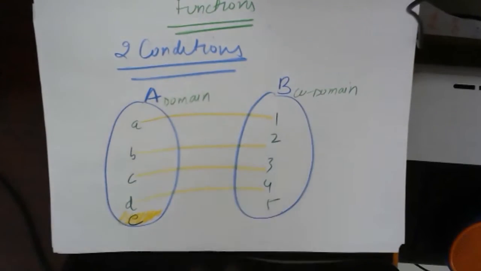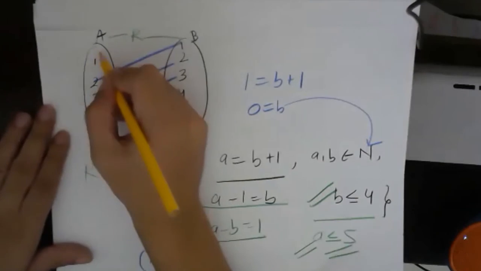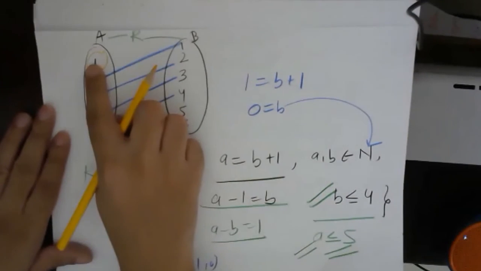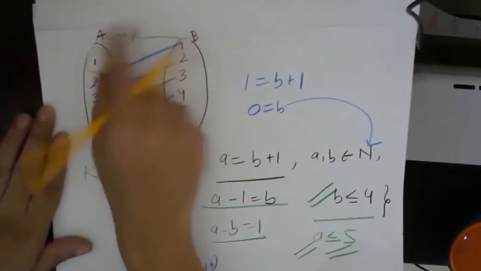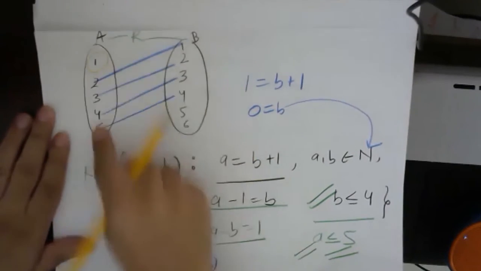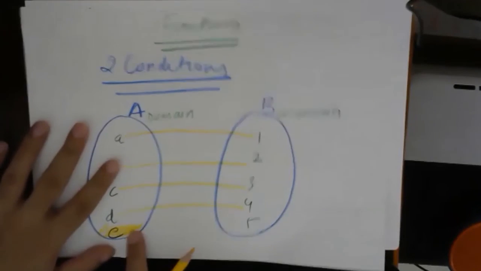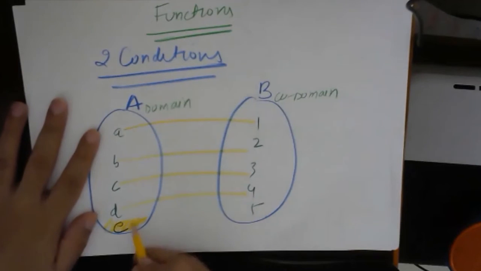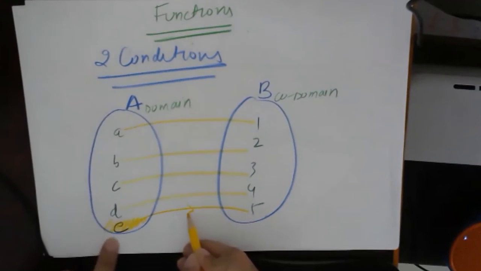In the previous case, 1 was left out, so 1 is not related to anyone, which means it is not a function. Every element has to have its image in the codomain. E has to be linked with something. Only then this will be called a function.